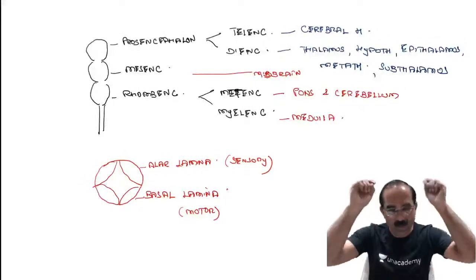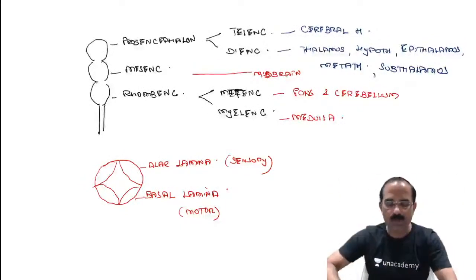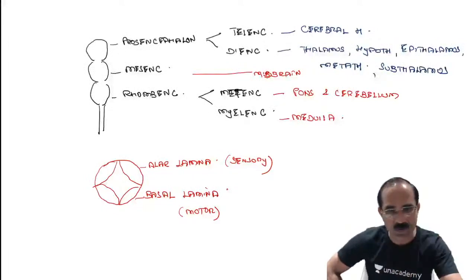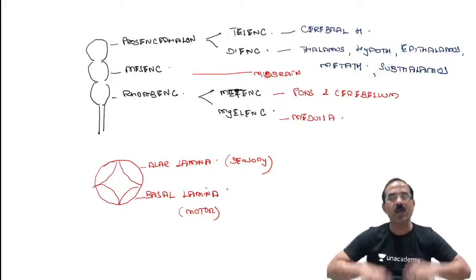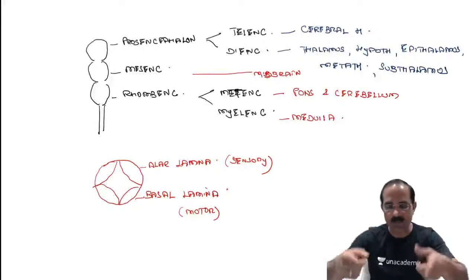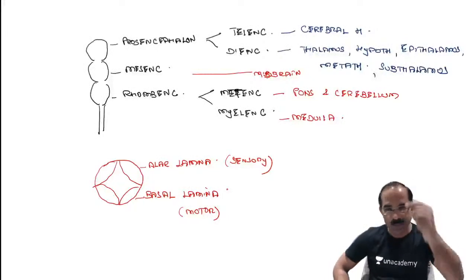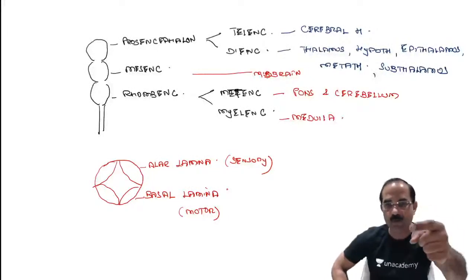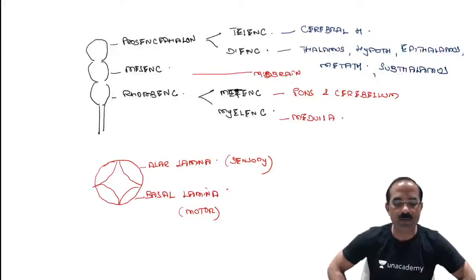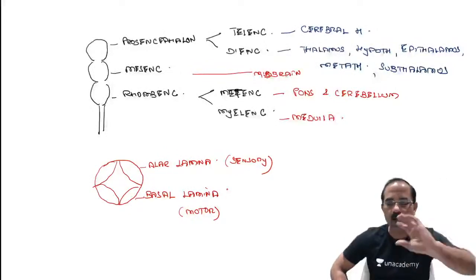It is located in the midbrain. The midbrain is derived from the mesencephalon. The oculomotor nucleus is a motor nucleus. So the oculomotor nucleus would be derived from the basal lamina of the mesencephalon. This is something very important.